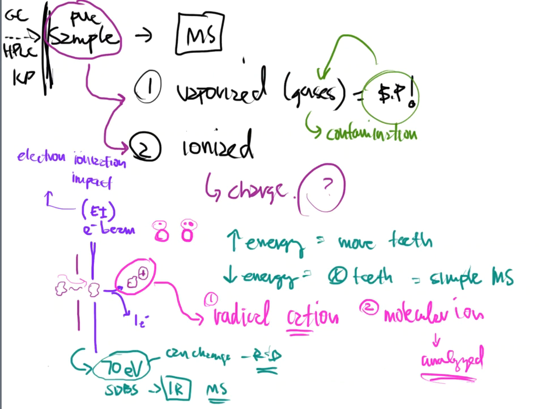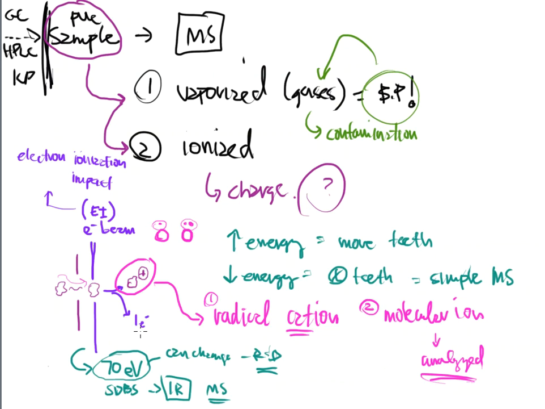Okay, folks, welcome back. In the past video, we talked about what happens when a molecule first enters the mass spectrometer. The molecule goes into this entry chamber and gets slammed with an electron beam at 70 electron volts, and a tooth gets knocked out.